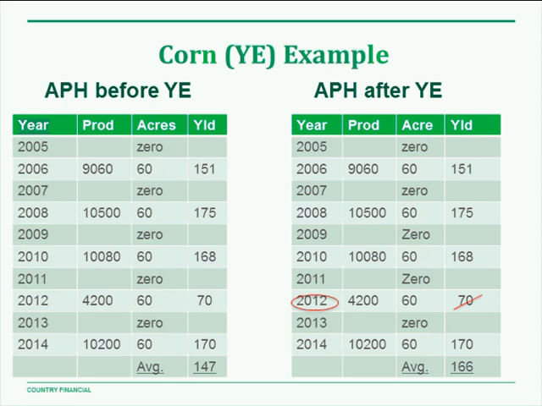Well, in this scenario, instead of getting a 147 average, this policyholder chose the yield exclusion, and now they would simply get a 4-year average, and that bumps it all the way up to a 166. So you can see this yield exclusion option can really change a policyholder's APH, and in turn will increase their guarantees because of the APH now after using the yield exclusion option.